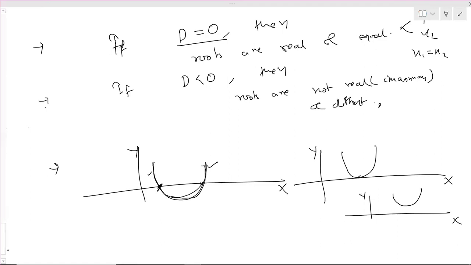Wherever the graph cuts the x-axis, those are called the zeros, the roots. If you remember the definition, wherever we put an x and the equation becomes 0, that means the value of y becomes 0.